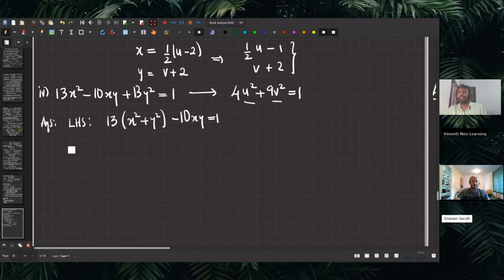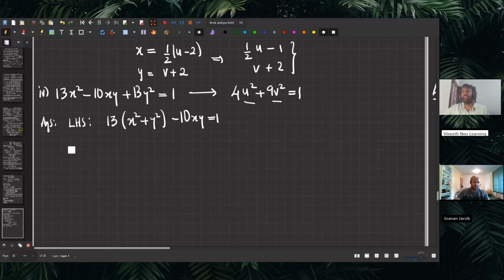Well, let me just check. x square plus y square plus 2xy minus 12xy equal to 1. So 13 times (x plus y) the whole square minus 12xy is equal to 1. Then the other side, so I can write 13 into x plus y.